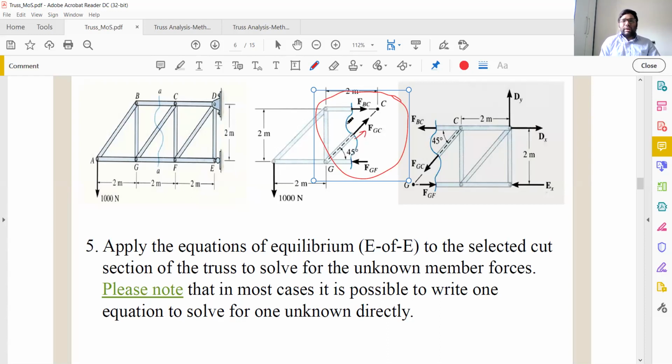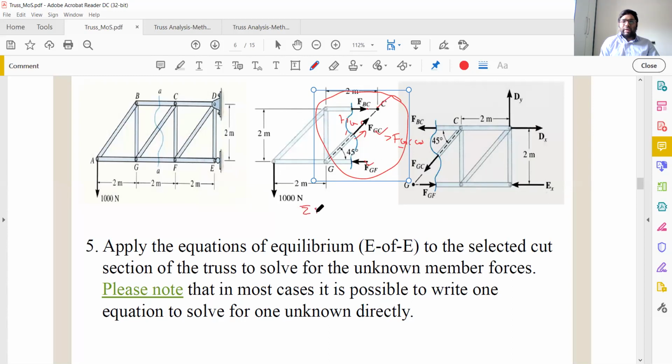We can resolve it into components, isn't it? That is FGC cos theta and FGC sine theta. So sigma Fx is equal to 0. What do we write? FBC plus FGC cos theta, if this is compression, minus FGF. Now what are the unknowns? BC unknown, GC unknown, GF unknown.